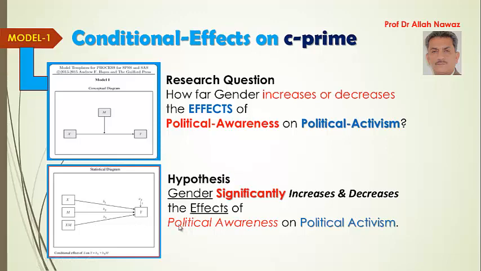So our hypothesis is that gender significantly increases and decreases the effects of political awareness on political activism. So let's move to SPSS and compute the statistics as per the dimensions of our research question, supported by Model-1 by Hayes.